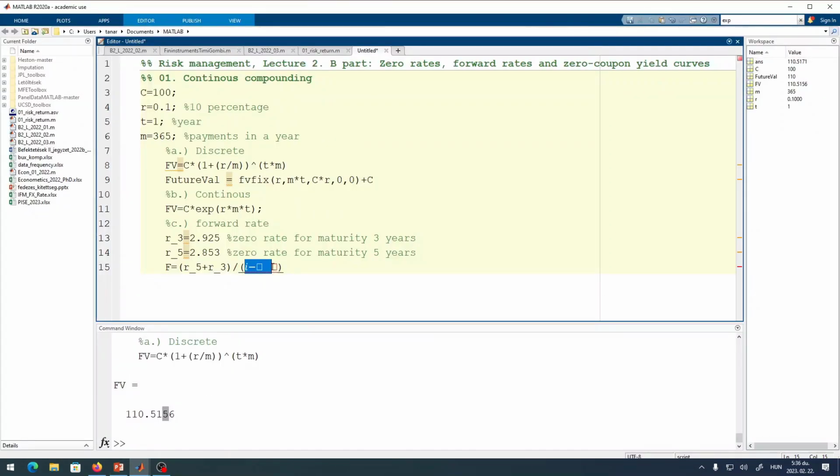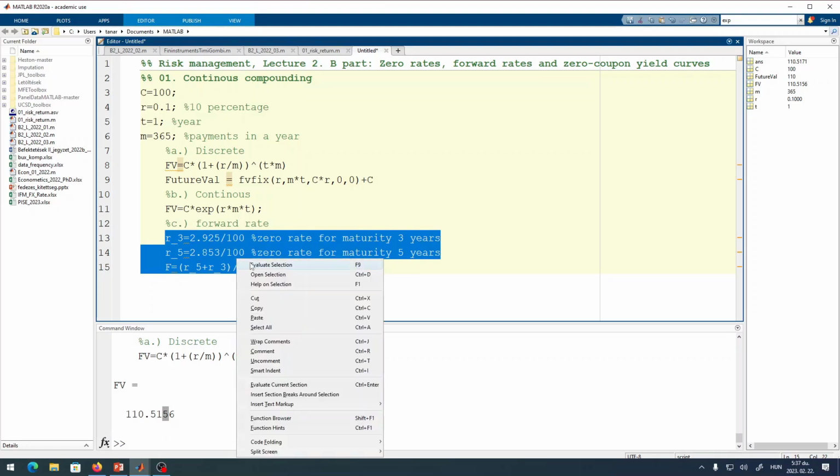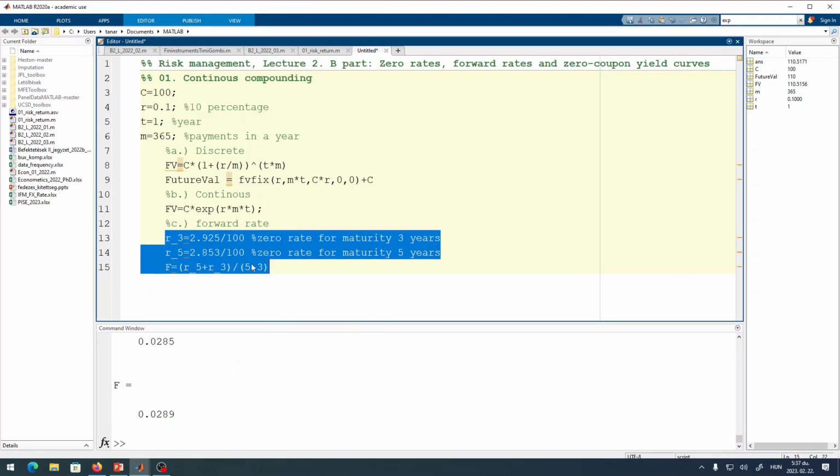Okay, so 5 minus 3. And I think it would be wise to divide it by 100, because otherwise it will... it doesn't matter whether you are dividing it or not.